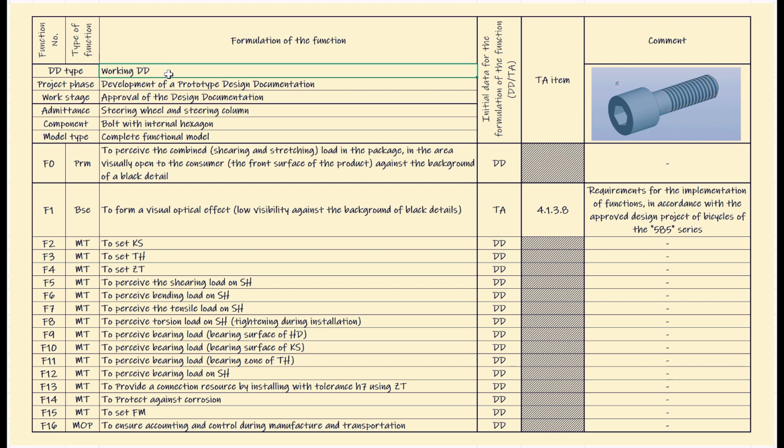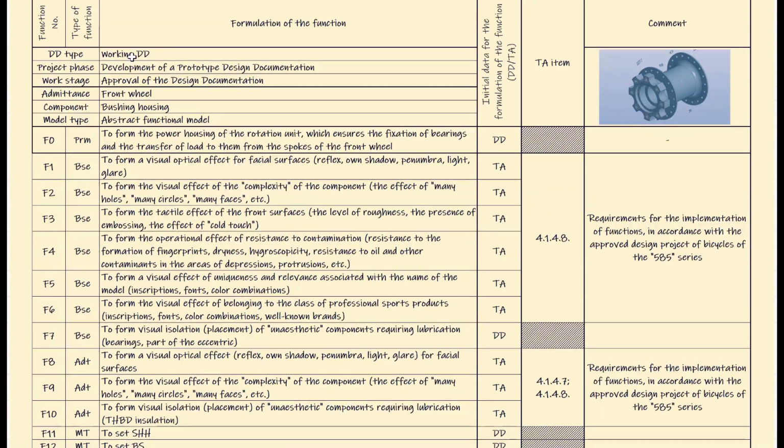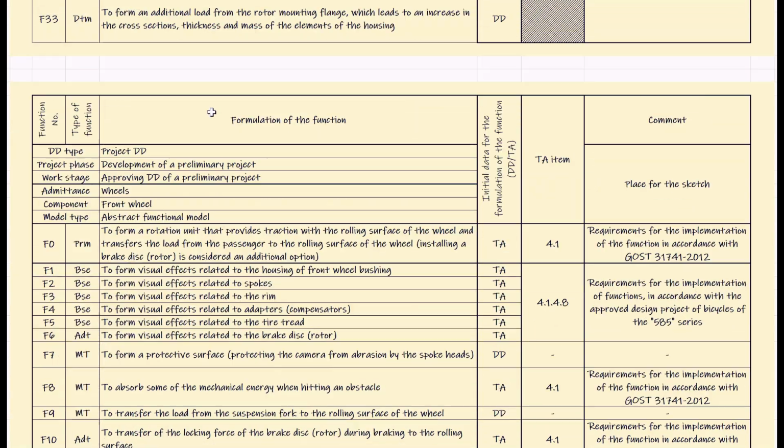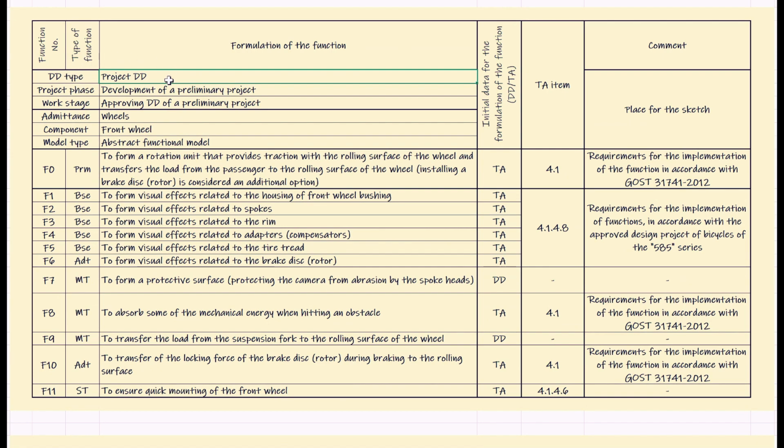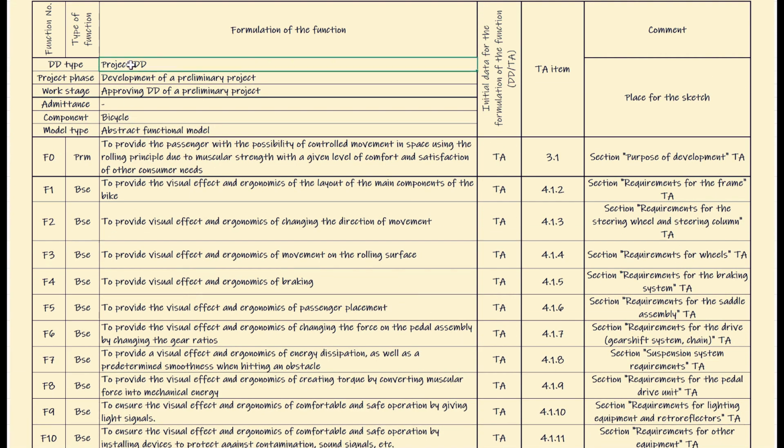Development stage, the next block, may include a technical proposal, draft design, and technical design for the project design documentation stage. Design documentation for prototype, serial or single production for the work and design documentation stage, and work stage.